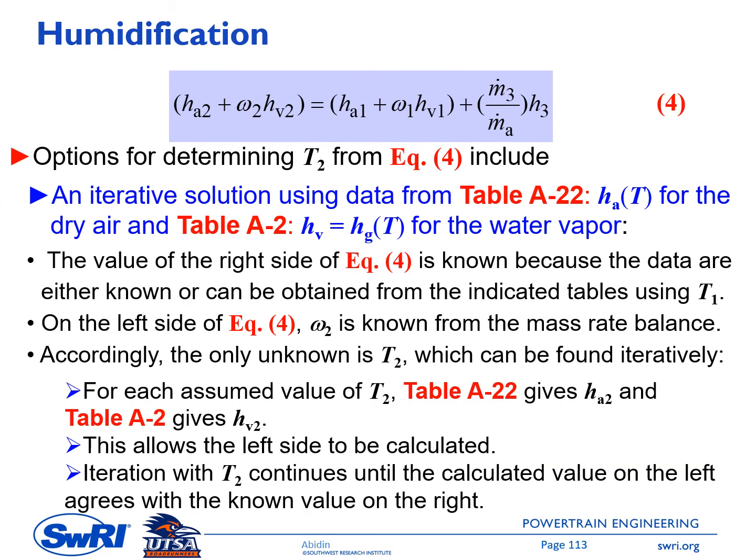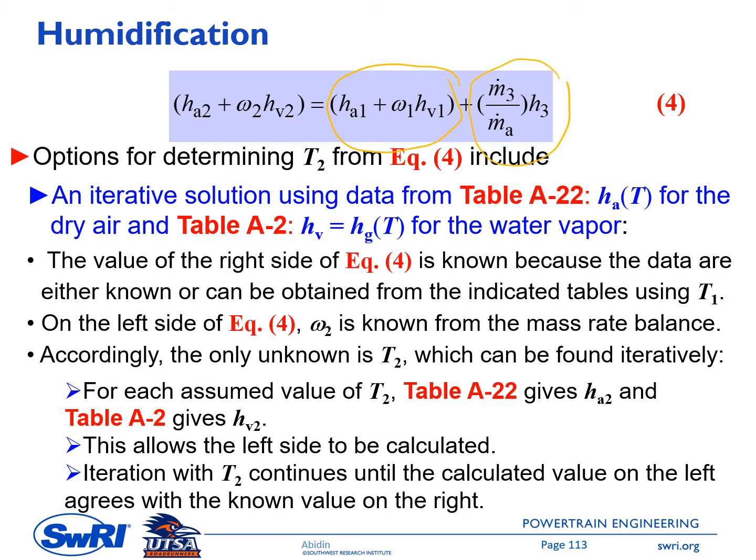The second option is by using an iterative method. In this case, we use table A22 to get the enthalpy of the dry air, as well as table A2 to get the enthalpy of the water vapor. With these two tables, we should be able to get the value of this term, and this one is usually given in the problem.